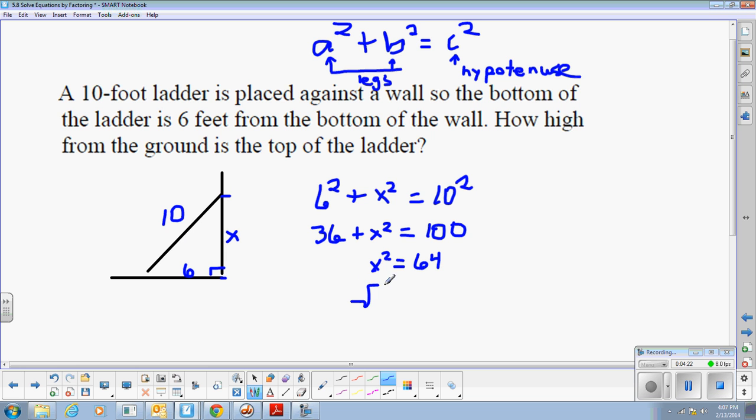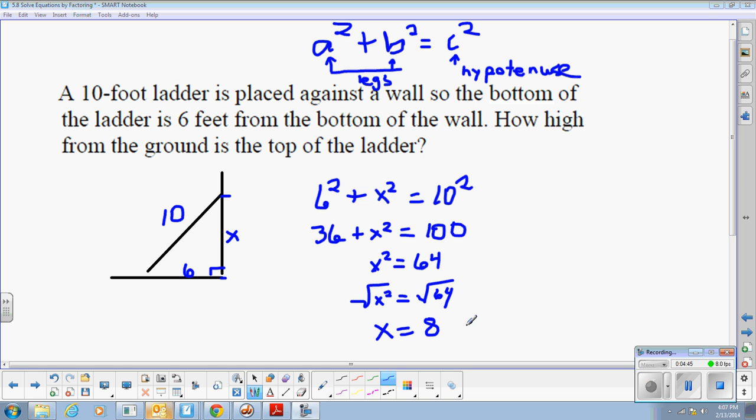That means I do a square root. The square root of x squared equals the square root of 64. So x equals 8. That means this side is 8 feet from the ground to the top of the ladder. If you have any questions on that, please bring it to me.